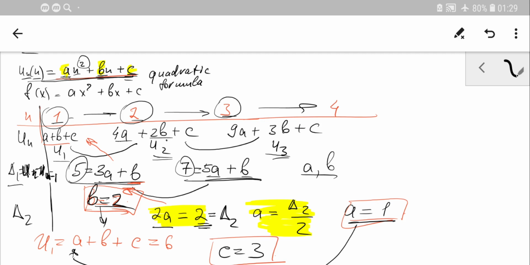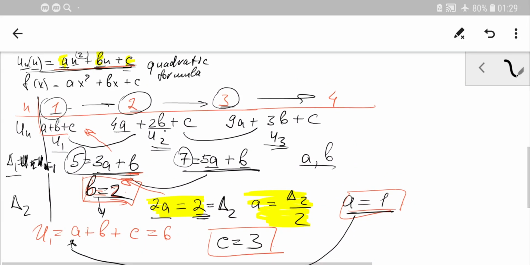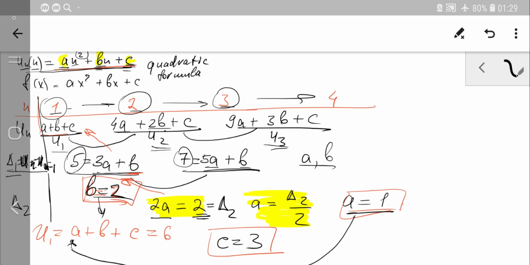So we established values for u1, u2, u3. Then we moved to the first difference, which is just the difference between u2 and u1, and we actually use the formula and subtract u1 from u2.